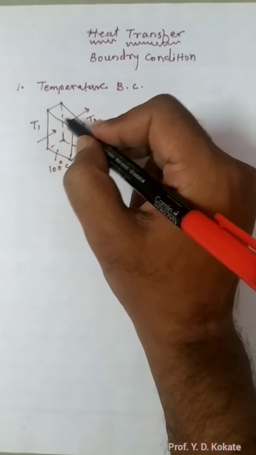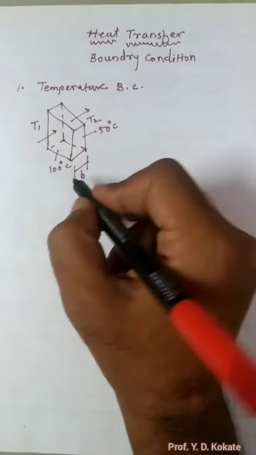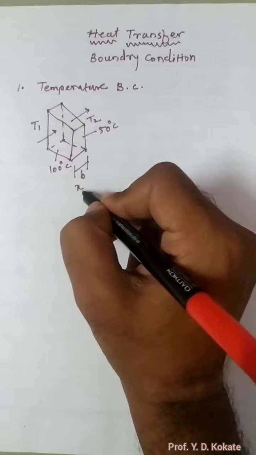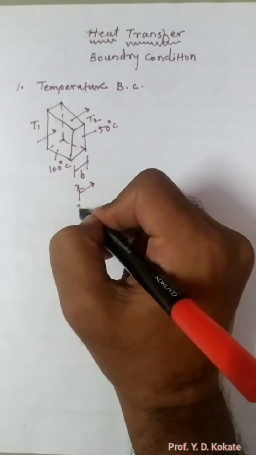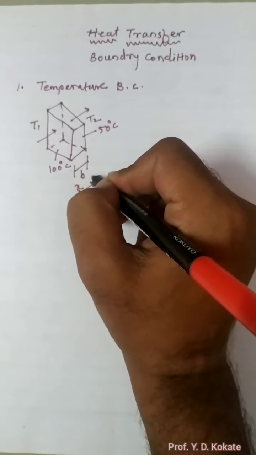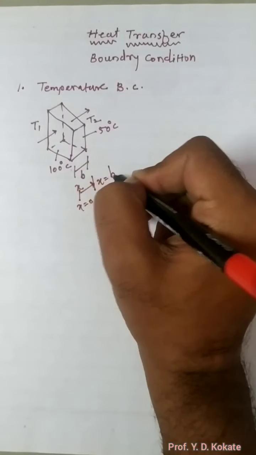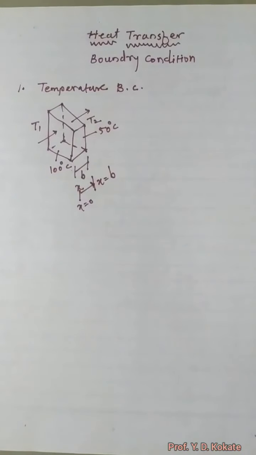T1 is the front side temperature and T2 is my second side temperature, where X changes in the direction of heat. So at this position X is 0 and at this position X becomes B. So X is nothing but the variable, that is the thickness.